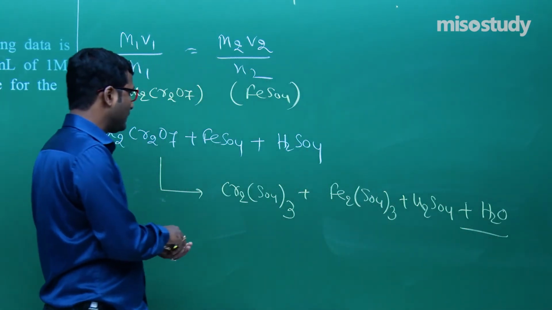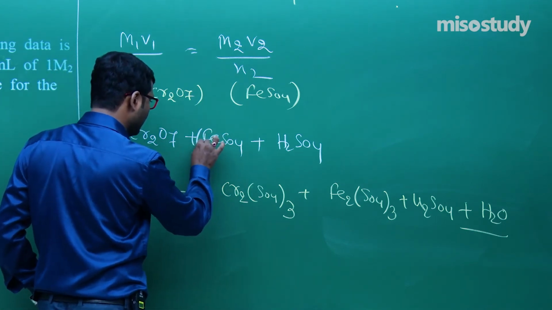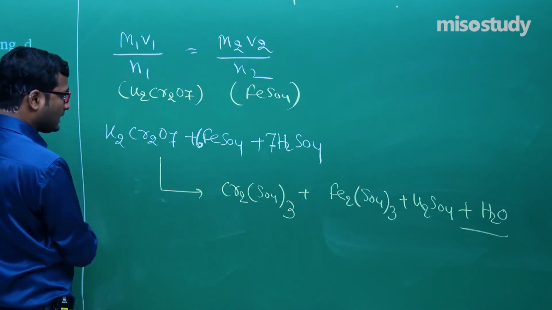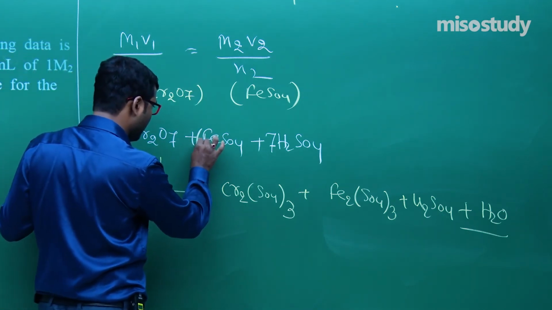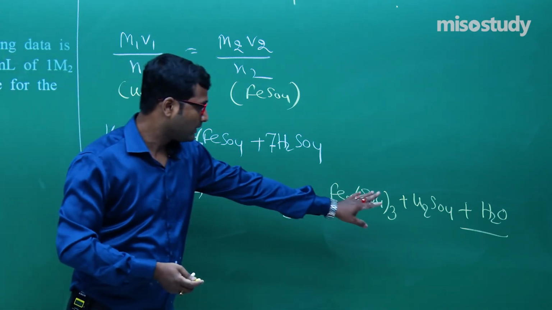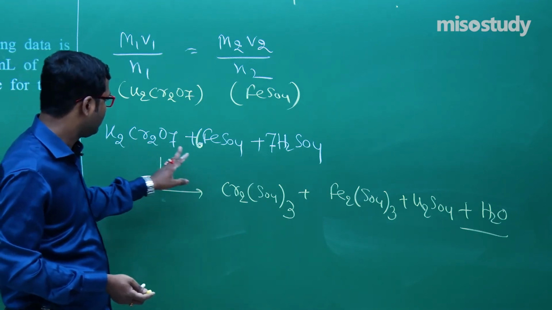Now balance the equation. If I put here 6, and here 7, and K2SO4, now check it out. Am I right or wrong? K2SO4 has 2 K, Cr2 has 2, and O7, let me check once.